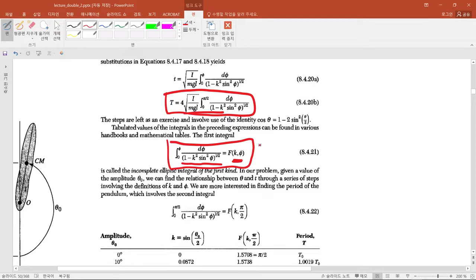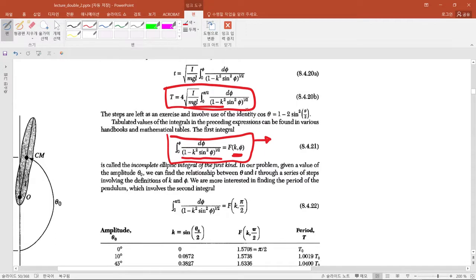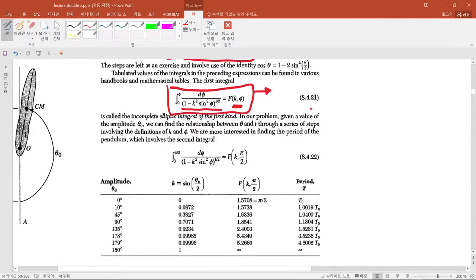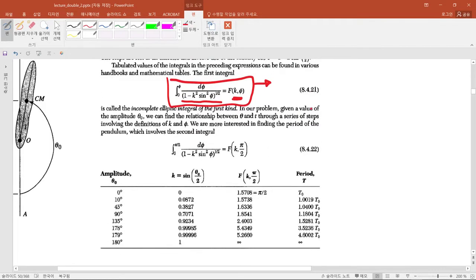That is the elliptic integral of the first kind. So our period for this is this one, F of k, pi over 2. Remember k is equal to sine theta 0 over 2, so it is the amplitude.